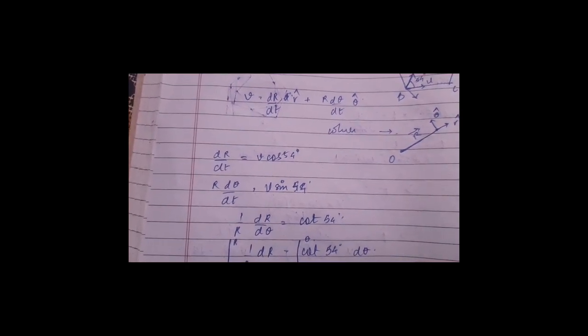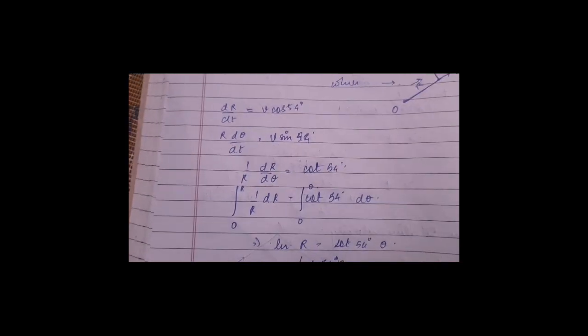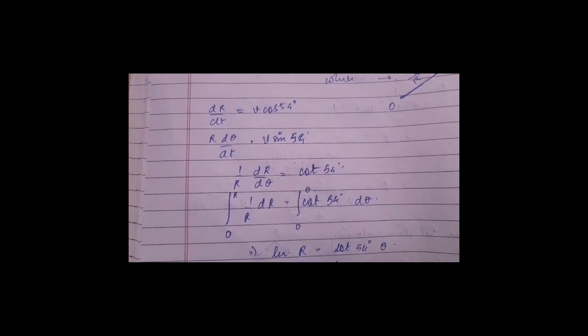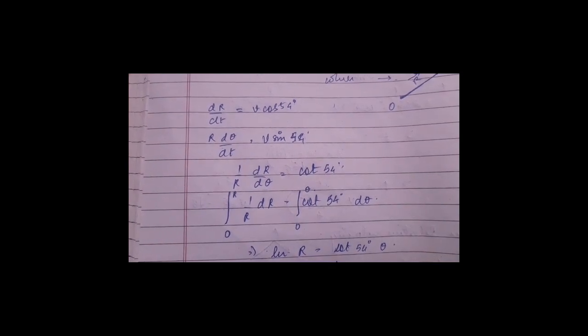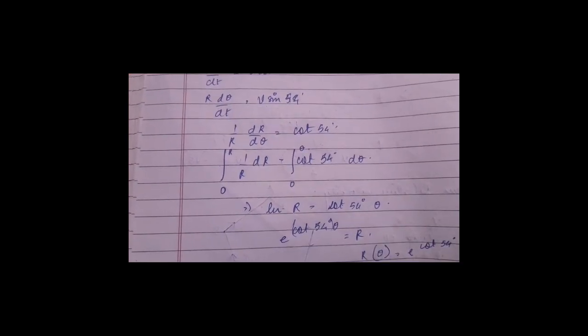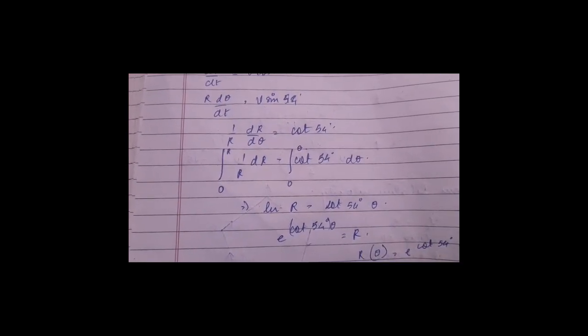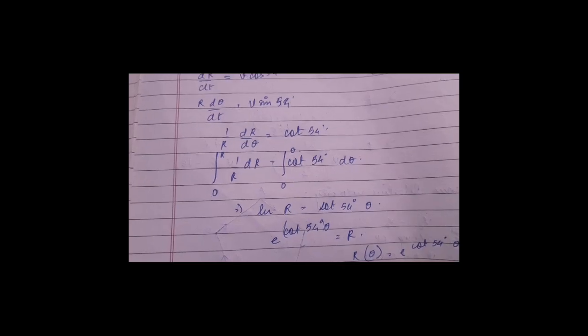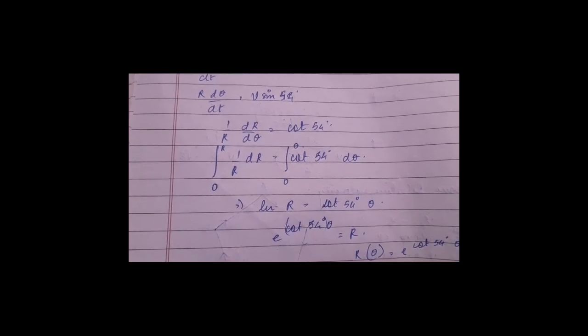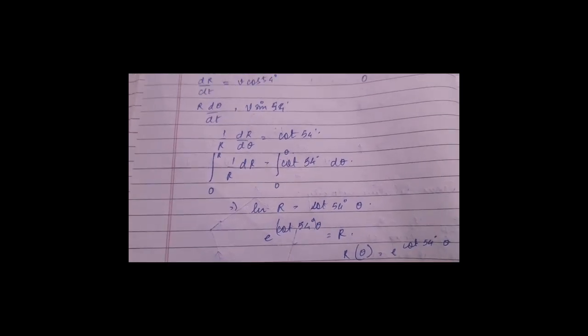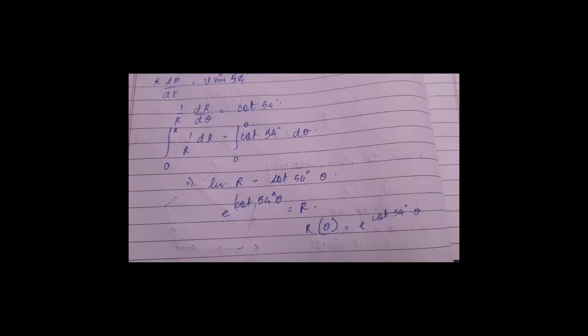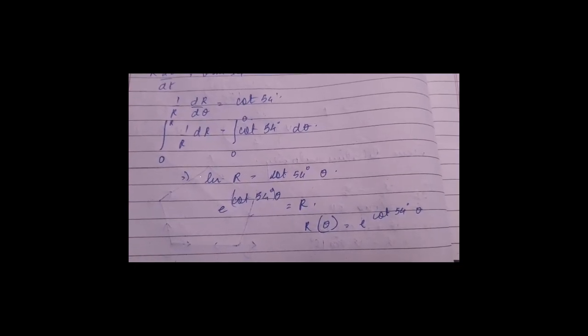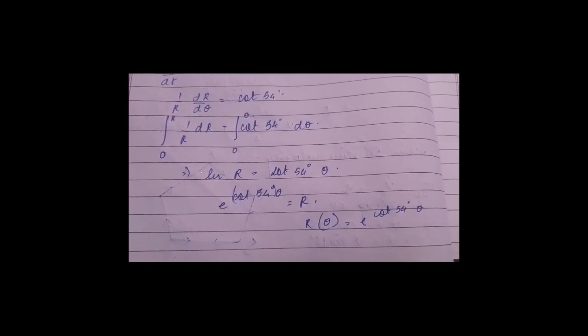After taking d theta to that side and integrating on both sides, (1 by r) dr is equal to cot 54 d theta. We integrate, and we get log r is equal to cot 54 into theta. So we get the radius as a function of theta: r of theta is equal to e to the power cot 54 into theta.